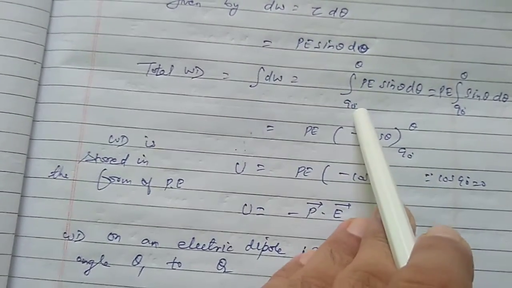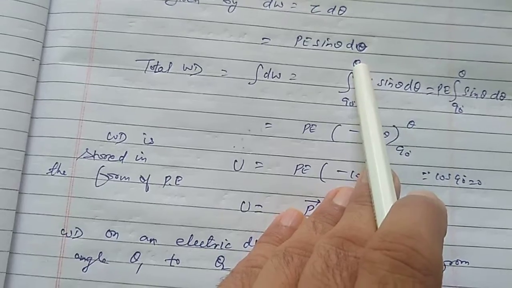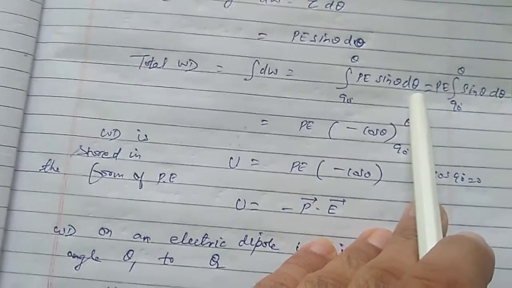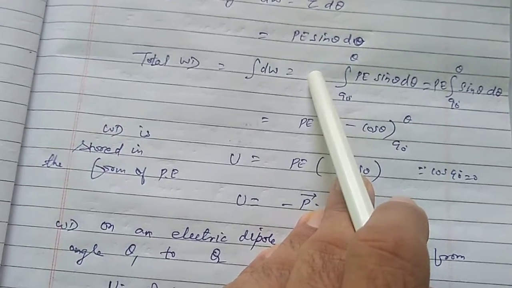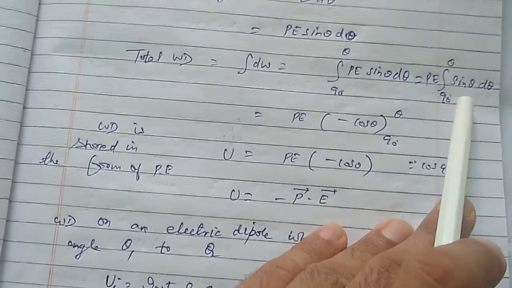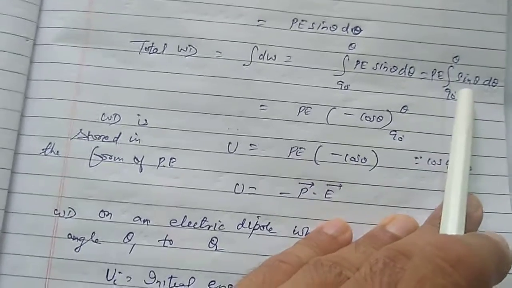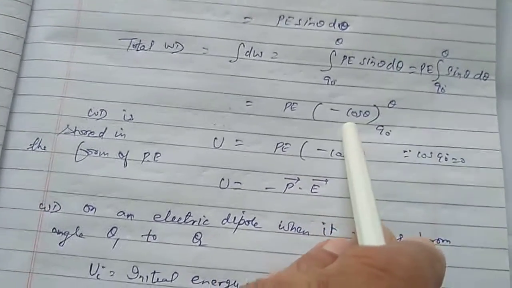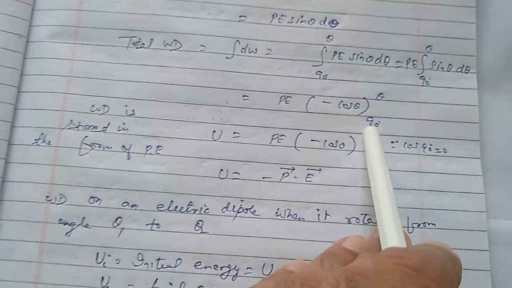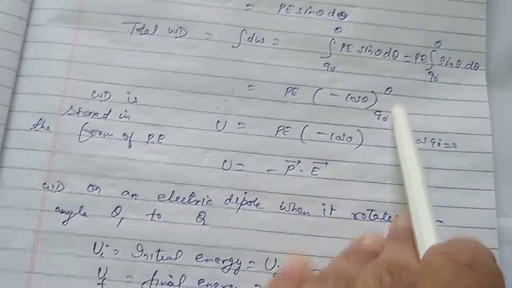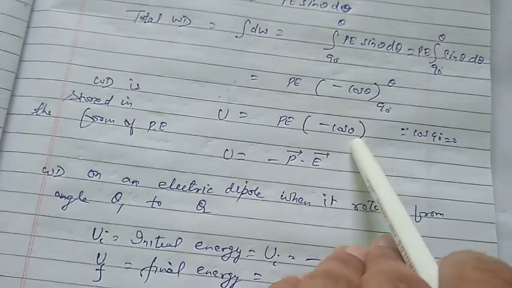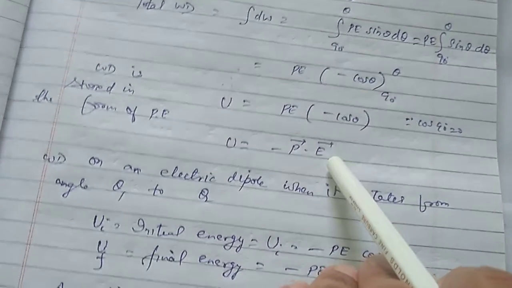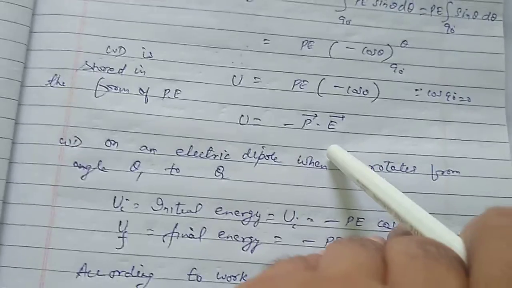So I am taking initial angle 90 degrees and final angle theta, and P sine theta d theta. P is taken out because it is constant, and the integration of sine theta is to be done. You know that the integration of sine theta is minus cos theta, the upper limit is theta and the lower limit is 90 degrees, and cos 90 degrees is 0. So you are left with minus P cos theta. And it can be written in vector form as minus P dot E.